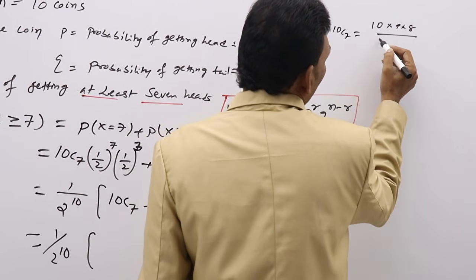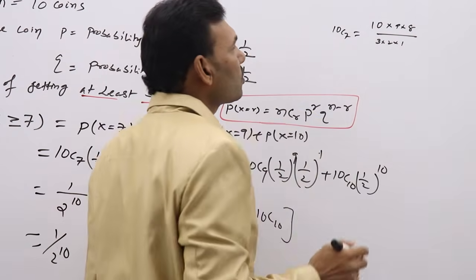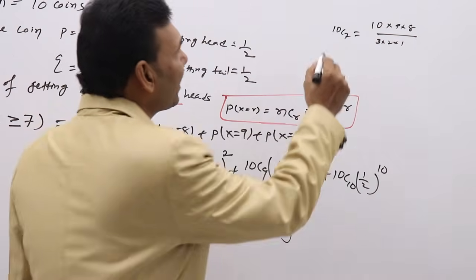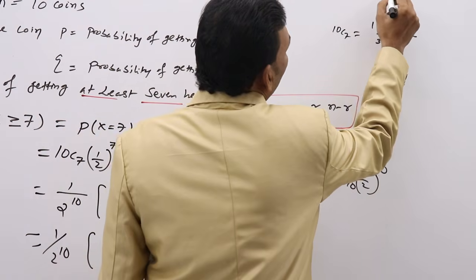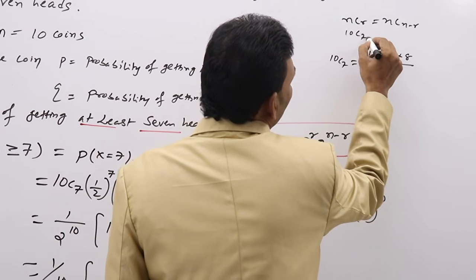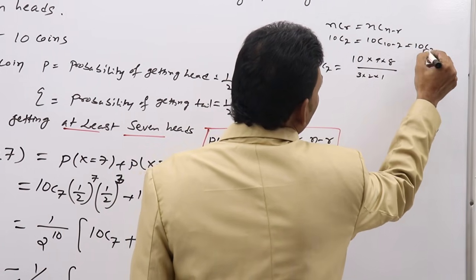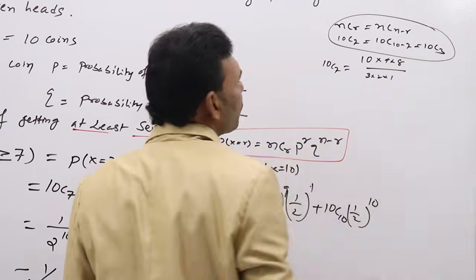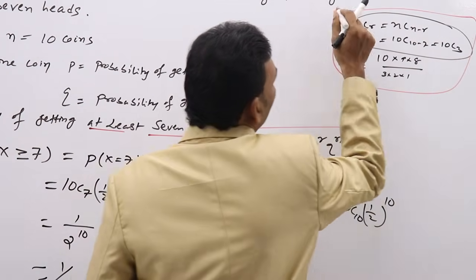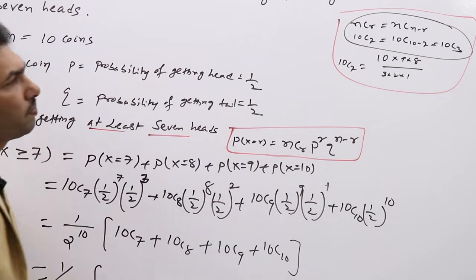In the denominator, from 3. So 10C7 equals 10C3, using nCr equal to nC(n minus r). Using that, 10C7 is 10C(10 minus 7), the 10C3 technique. If you use the technique, you will get the value.